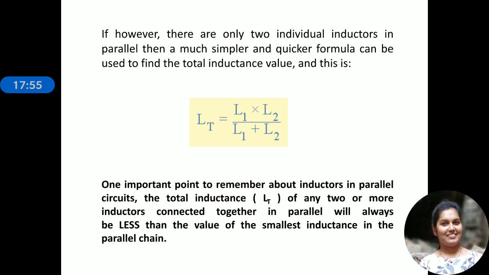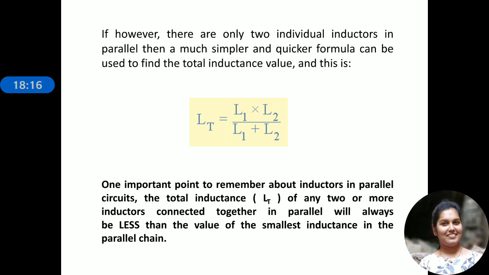Got the point? We have seen this kind of expression for capacitors also. For the capacitor circuit, when only two capacitors are connected in series, I have given this kind of expression, that is C1 into C2 by C1 plus C2, right?